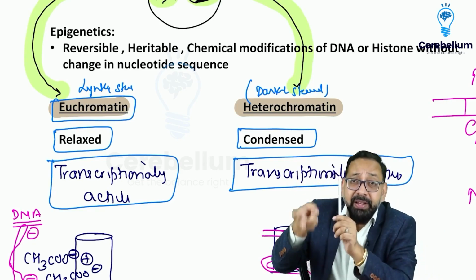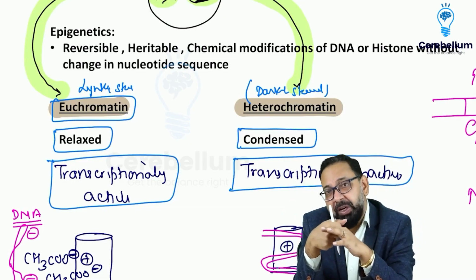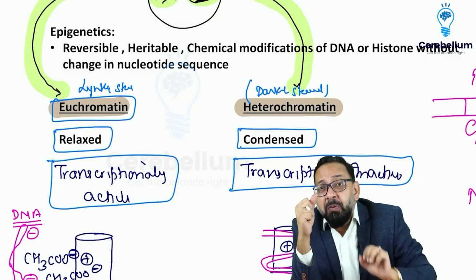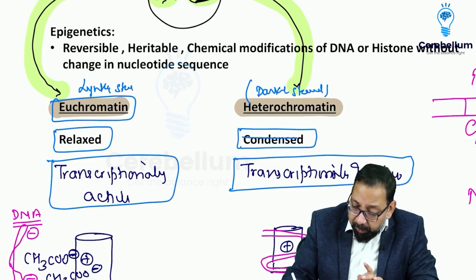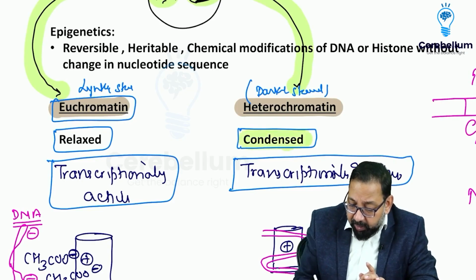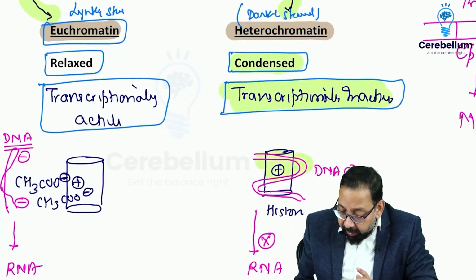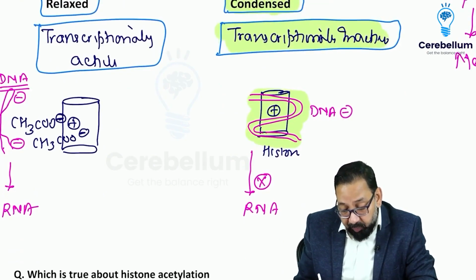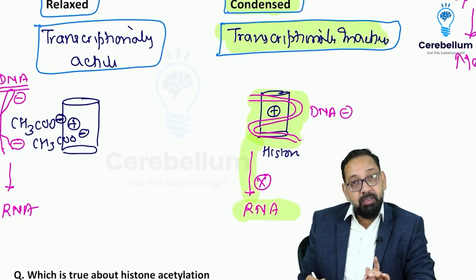So if DNA is tightly attached to histone, you can't synthesize messenger RNA on it. That's why heterochromatin is condensed and transcriptionally inactive: DNA negatively charged, histone positive charge, tightly attached. Transcriptionally inactive means this DNA will not take part in RNA synthesis.